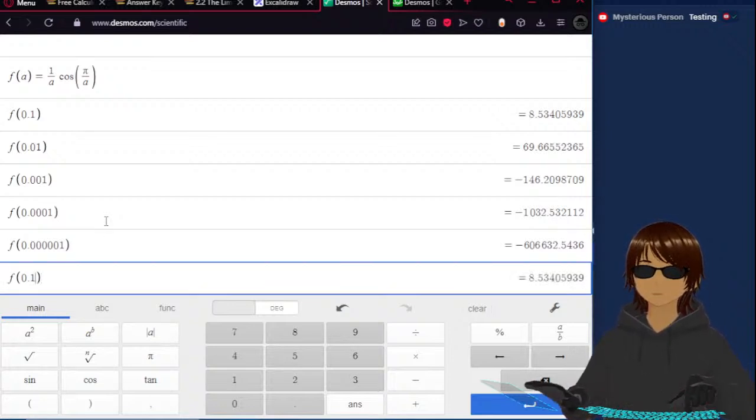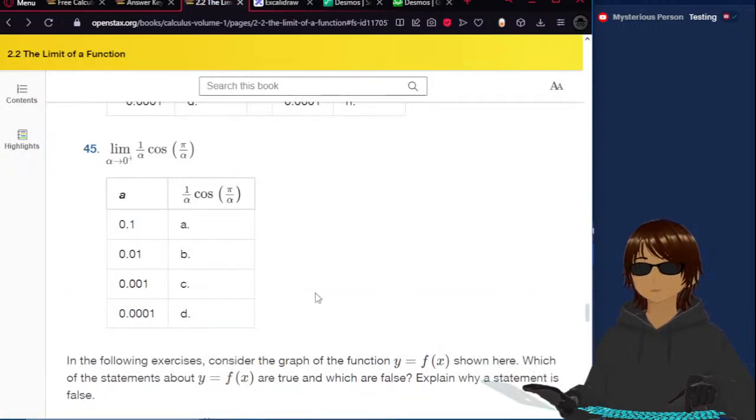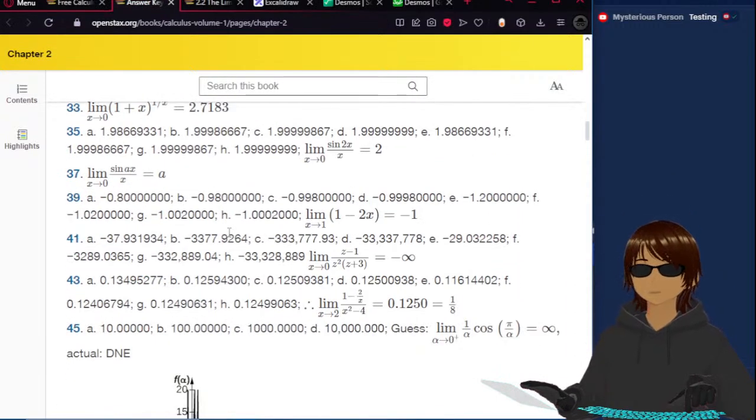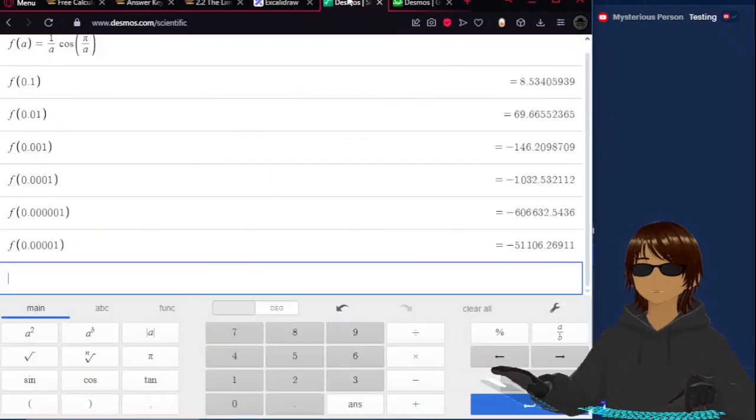Again, the answer key here. Hold on. Why is it 1000?